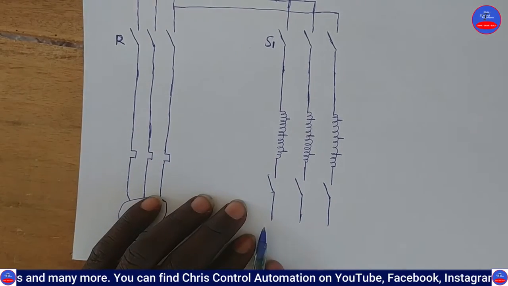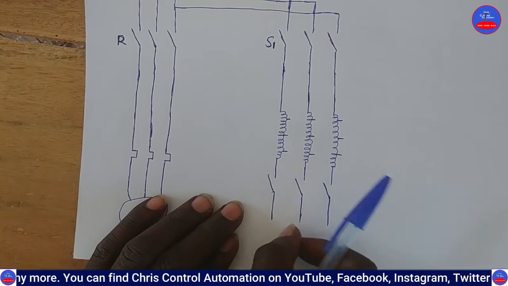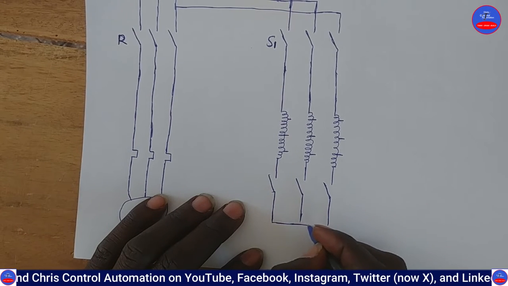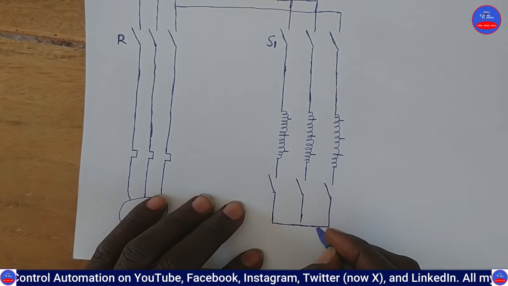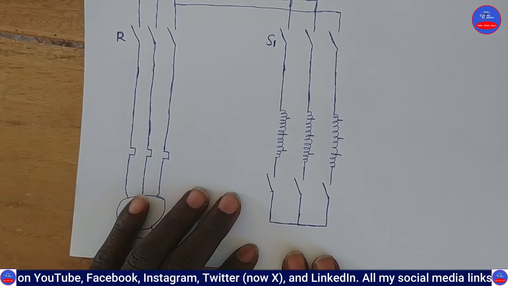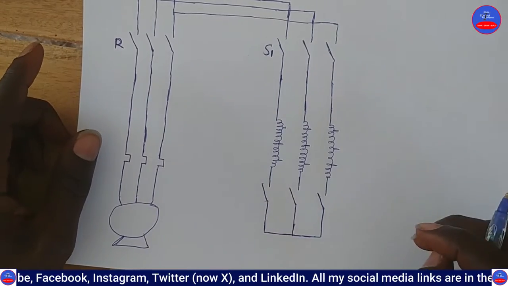I'm going to join this side together, the 3 windings. Let me explain something here.